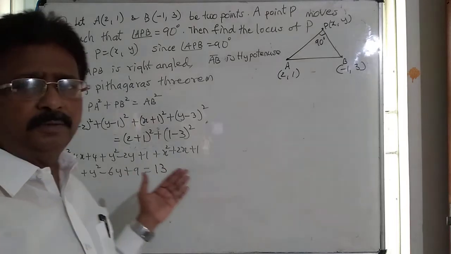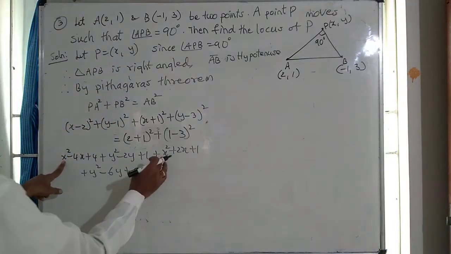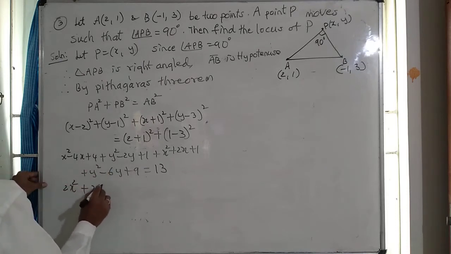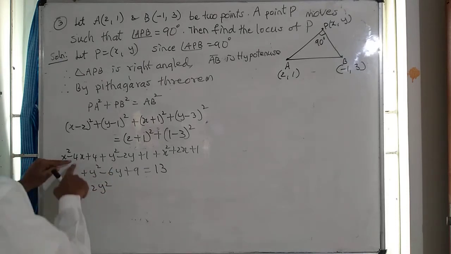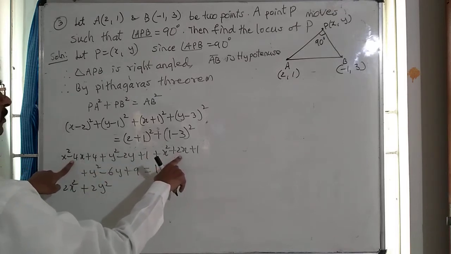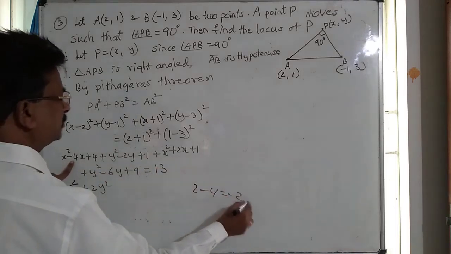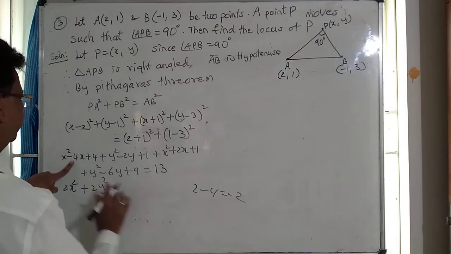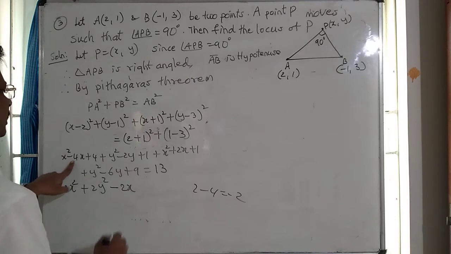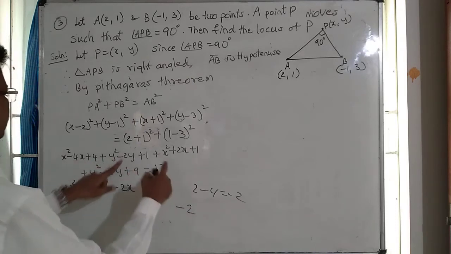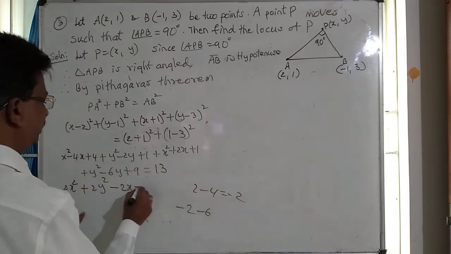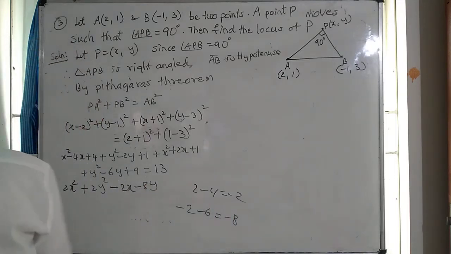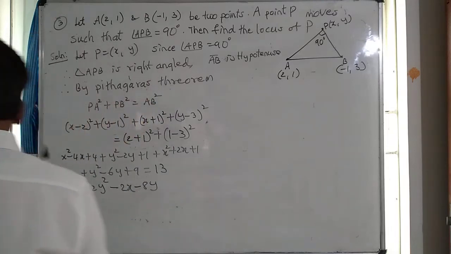So taking all the terms to the left side, x square plus x square, 2x square, y square terms plus 2y square, and x terms minus 4 plus 2, minus 2x, y terms minus 2y, minus 6y, minus 8y. What next?